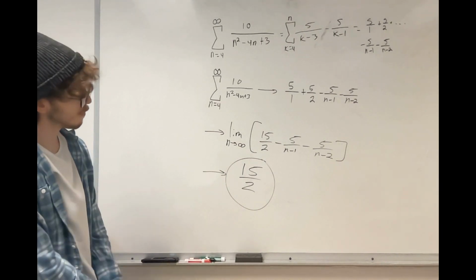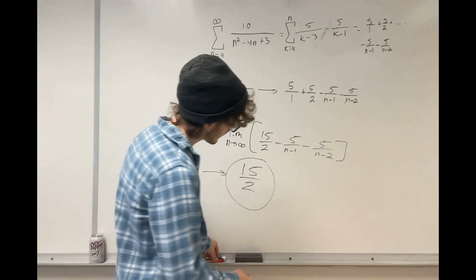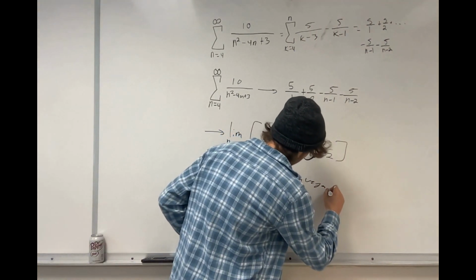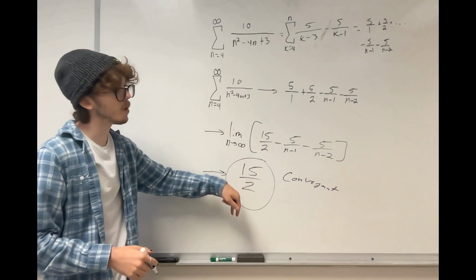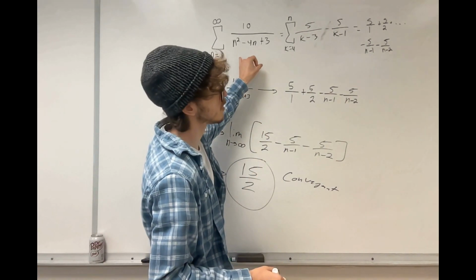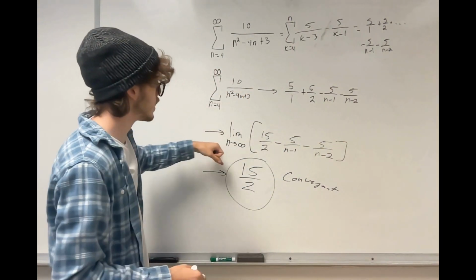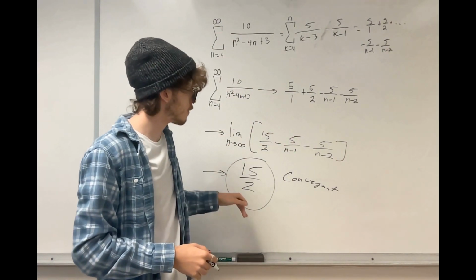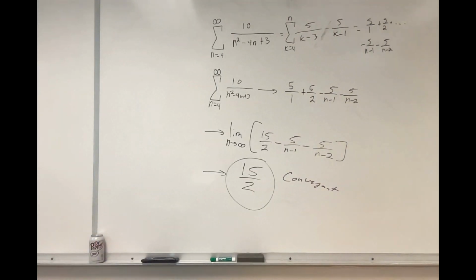Alrighty, that was a mouthful, but hopefully you found this lesson helpful, and I should say this is convergent because the limit exists and the limit approaches a sum of all the values, because we expressed our sequence of terms in our series as a sum of all the terms. Then we found the limit as n approaches infinity, so we can equate for the infinite terms. And we found that it converges to a sum of 15 over 2, not divergent.